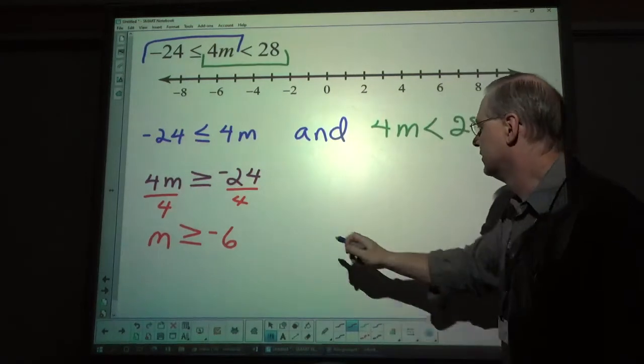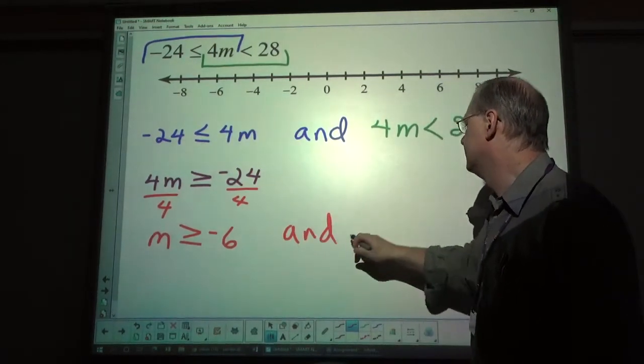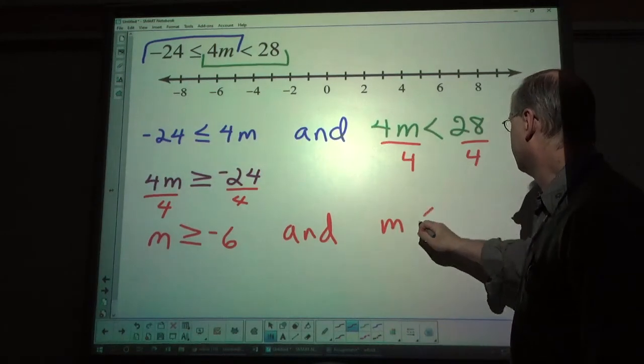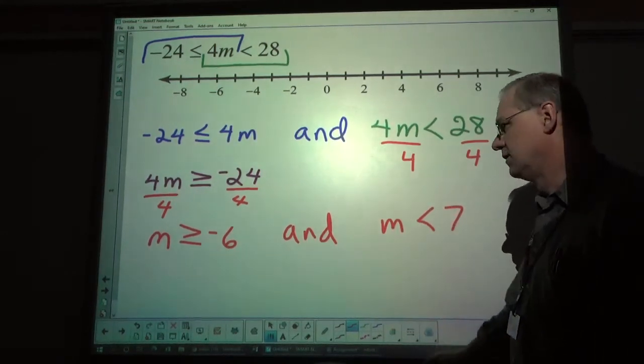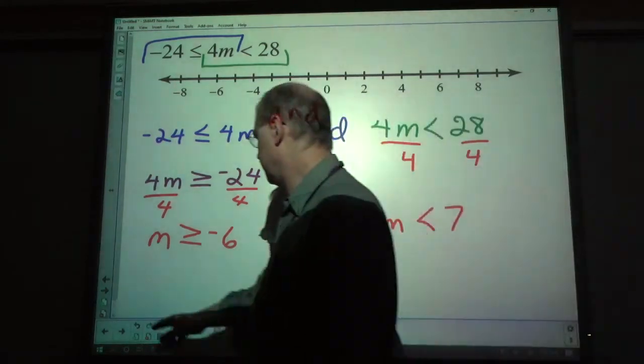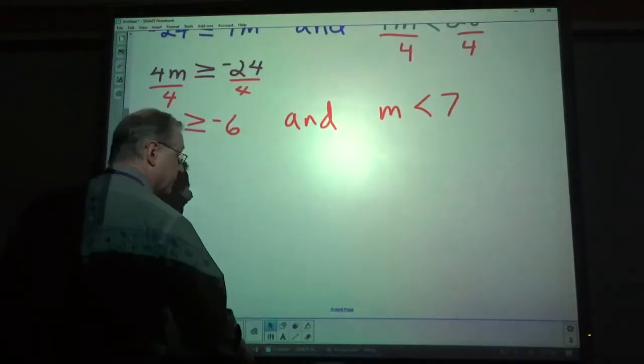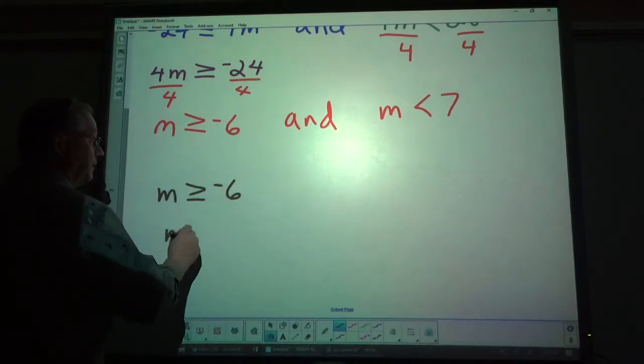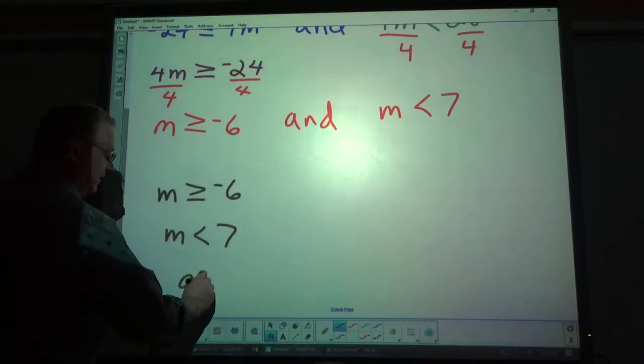Over here, we have a connecting word of and divide by 4. M is less than 7. So there's my inequality. M greater than or equal to negative 6. M less than 7.